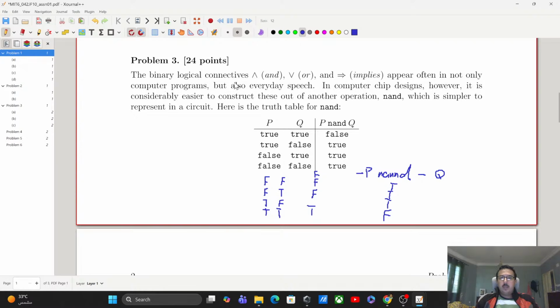The binary and, or, implies appear often in not only computer but also everyday speech. In computer chip designs, however, it is considerably easier to construct these out of the operation NAND, which is simpler to represent in a circuit.